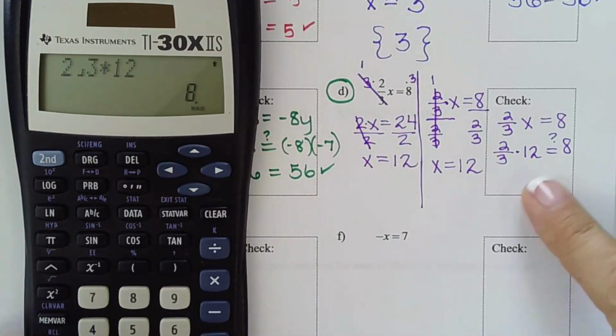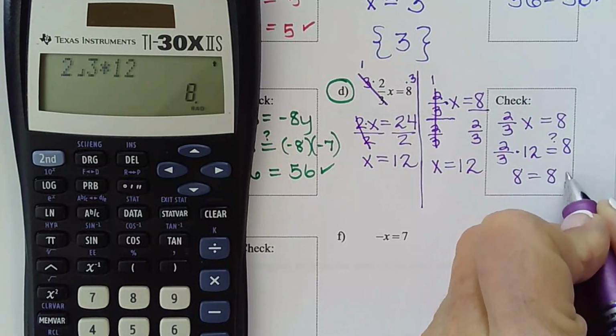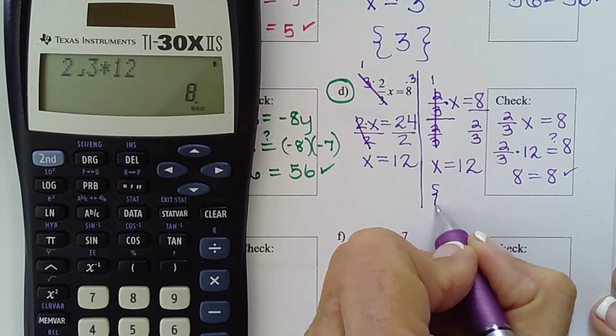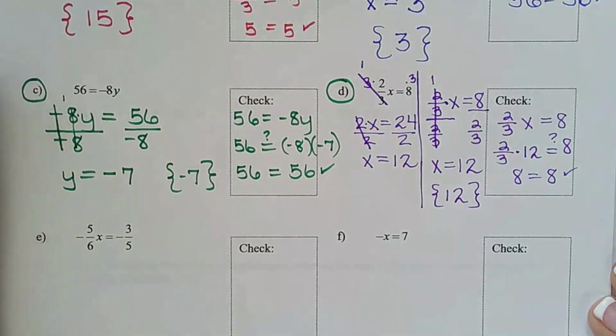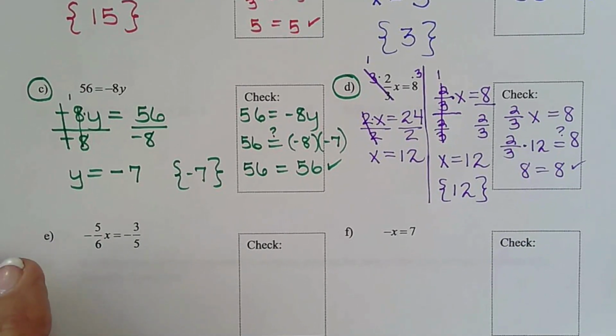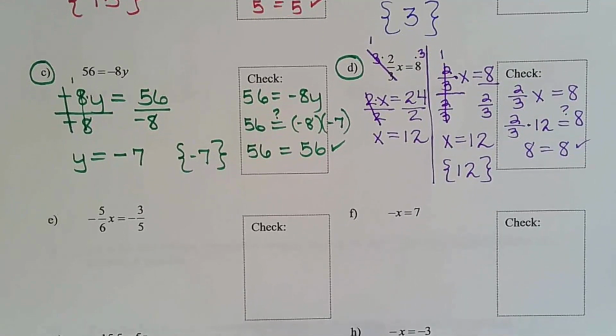There it is. 8 on the left, 8 on the right. Boom. That means my 12 is a valid solution. Or is the correct solution, I should say. So hopefully you guys did okay on those.